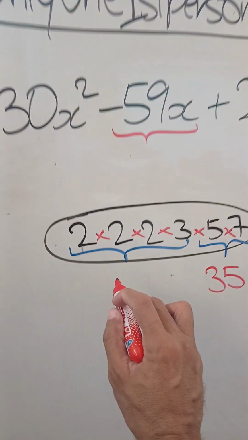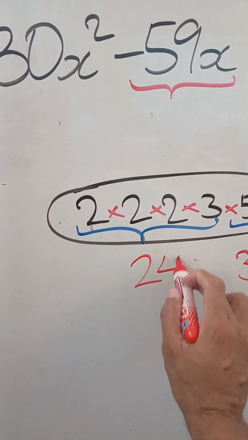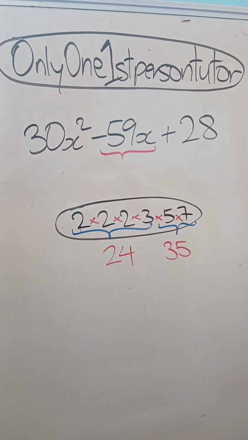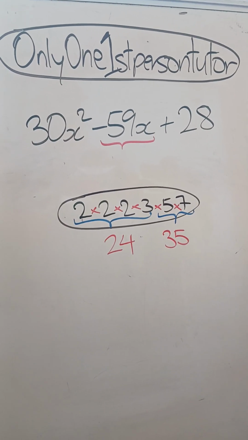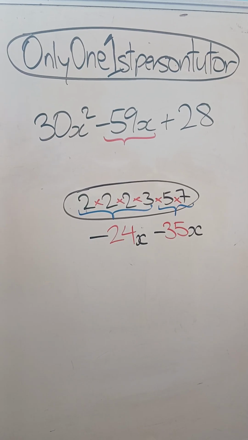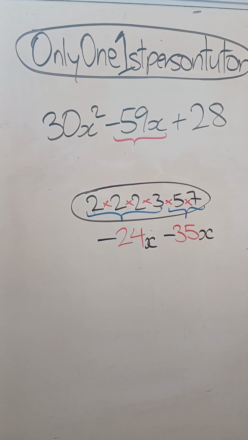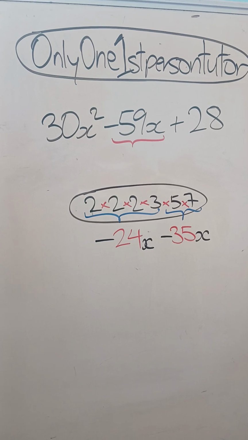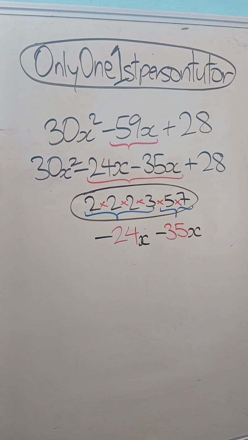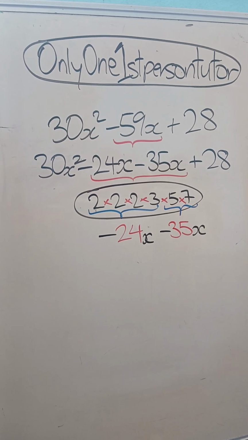But this is also 24. Okay, so that was a good educated guess. So why don't we replace the minus 59x with the minus 24x and the minus 35x?